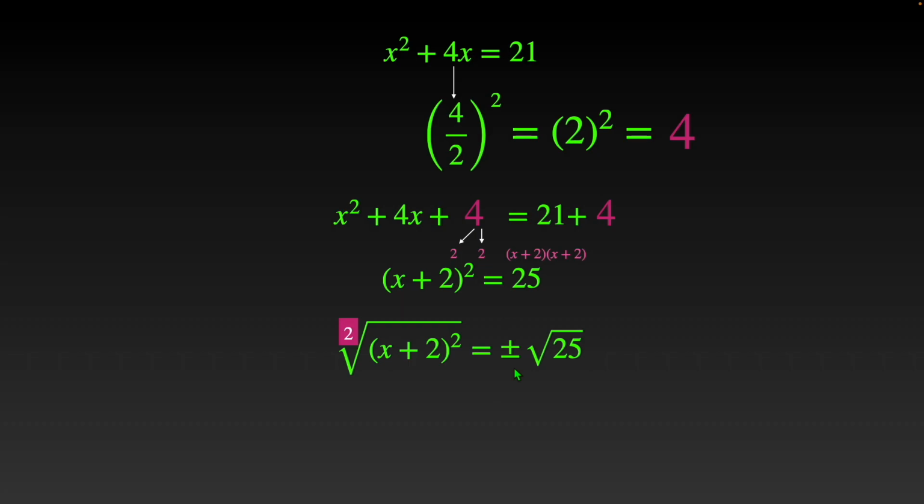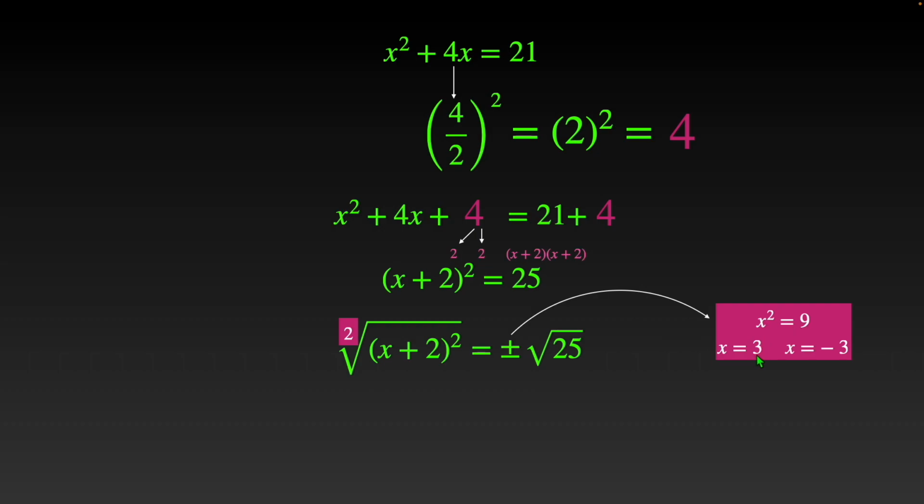On the right-hand side, we have plus or minus in front of the square root sign. Why do we use plus or minus? Well, let's see an example why we actually need to put plus or minus there. Let's say we have x squared equals 9. For which value of x is x squared equal to 9?